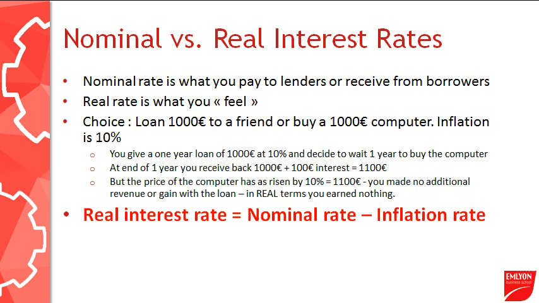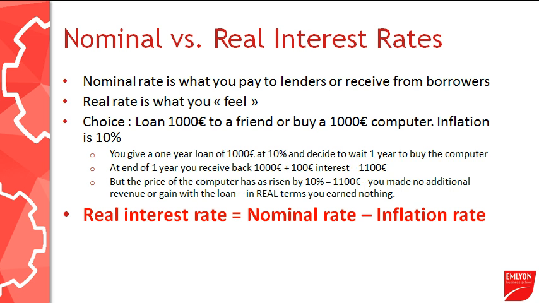Have you made an additional gain from this loan? No, because after 1 year, that money that you receive back can still only buy, in real terms, one computer. You've made no change from 1 year to the next. So in this case, you may want to charge more than 10% to make sure that you're covering the risk of loaning money out, or you want to make additional revenue from this.